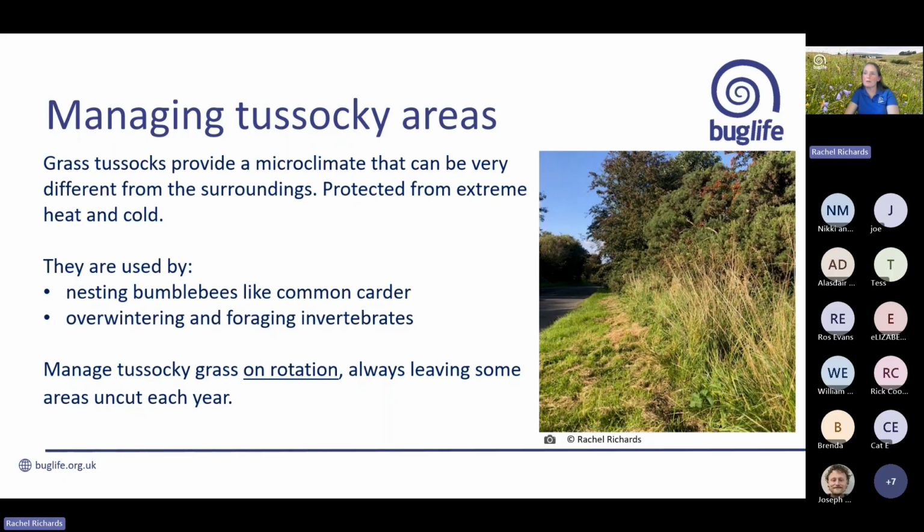That might be one of your field margins or a track edge. So you might leave that for a couple of years and then cut it, but ensuring that you always have that tussocky grassland somewhere on site. A sunny location is good for the nesting habitat, and shadier locations can be good for overwintering. But it's the sort of microclimate that you get in that tussocky habitat that's really important.